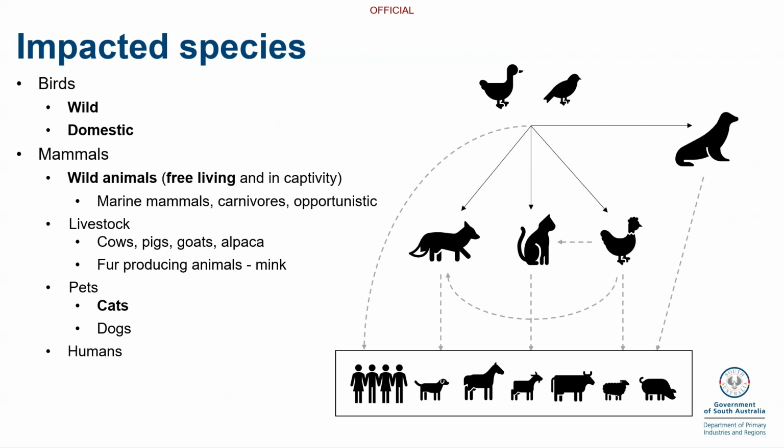Non-avian wildlife or feral species may also be brought into view, including foxes, cats, or even native quolls. As we discussed last time, signs in mammals can be quite broad, often with neurological signs being the major presentation, but also respiratory signs, or even just generalized illness, which is very broad and non-specific.